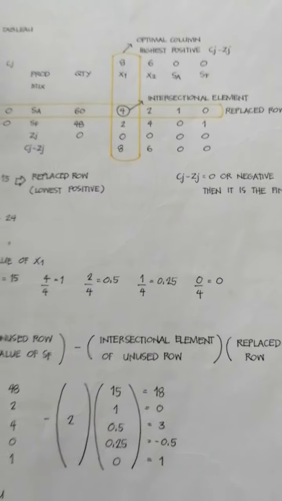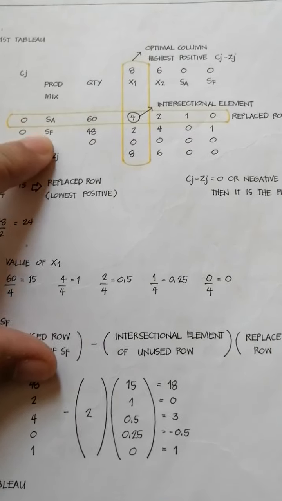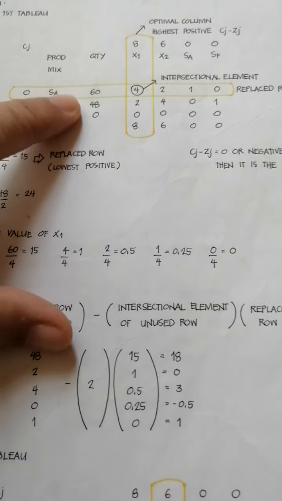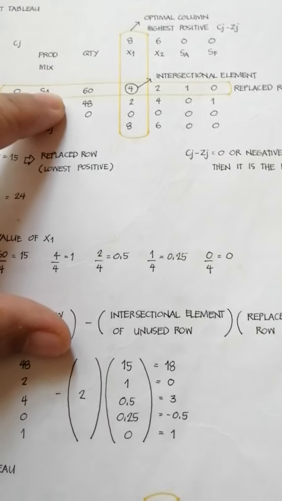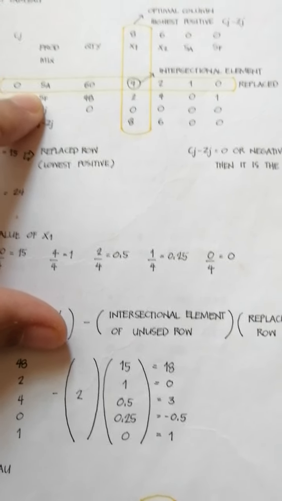You just copy all the variables that you have in the equation. Okay, so initially, the product mix will be SA and SF. And as you go on with the tableau, it will be changed into the variables that you're looking, which is X1 and X2.